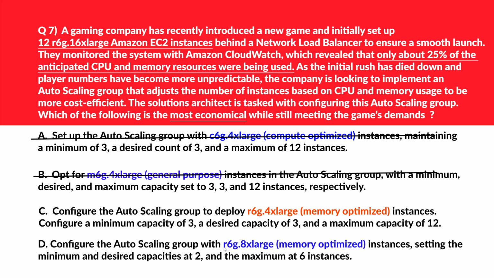Let's move to option D. D uses R6G 8x large memory optimized. So 8x large instances are large and more expensive. The company does not need such large instances. Instead, since the demand has subsided, if you look here, the consumption is lower than initially expected. So this is not what we require. Let's reject this and we'll log option C as the correct answer.